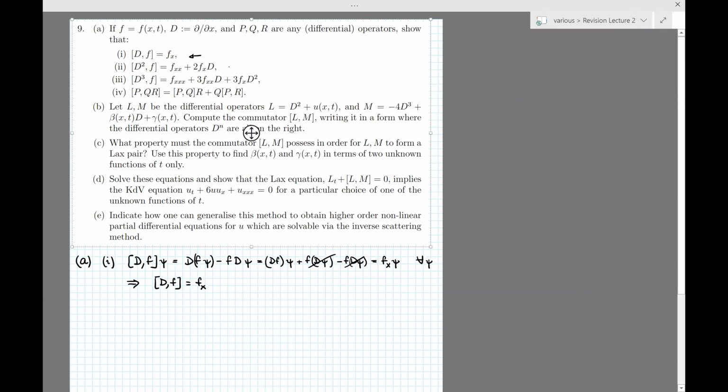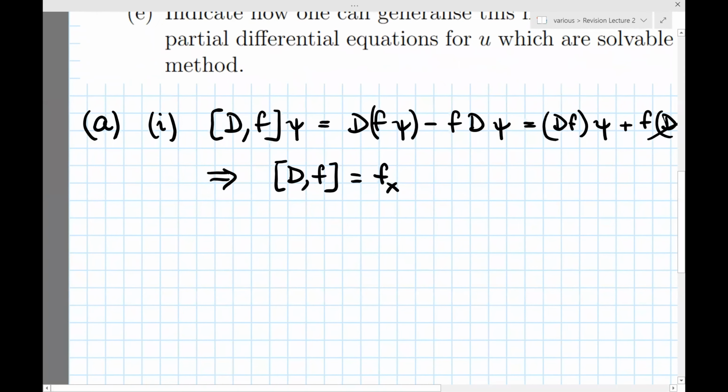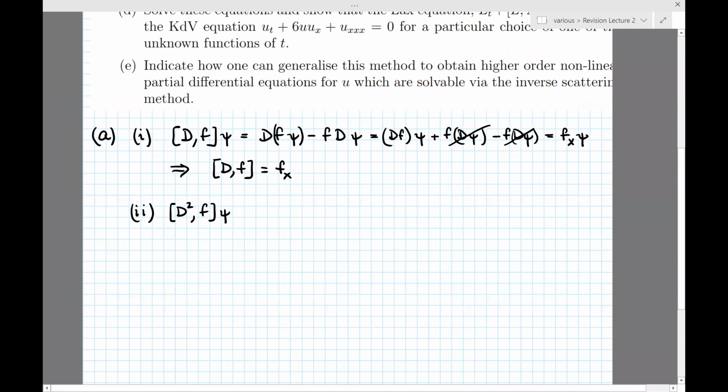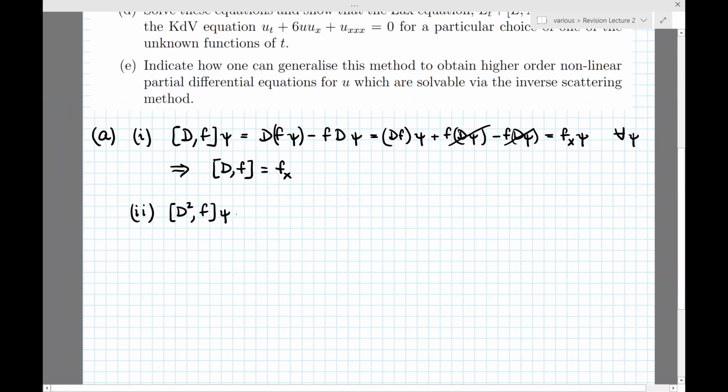Next, we're going to move to the second identity, which involves the commutator of D squared with f. Once again, we act on a function psi, and this is equal to D squared f psi minus f D squared psi.